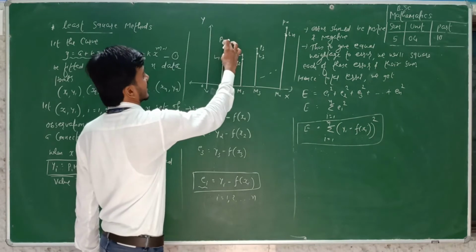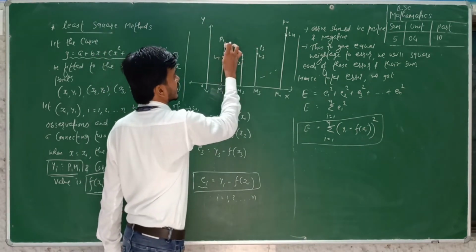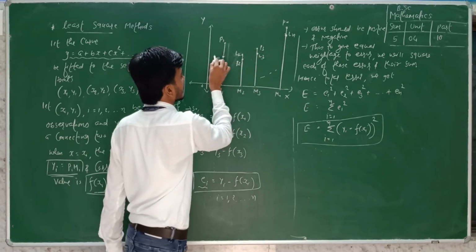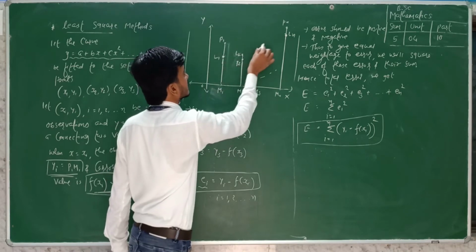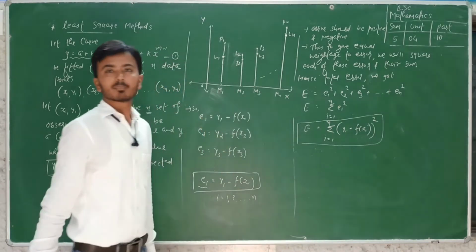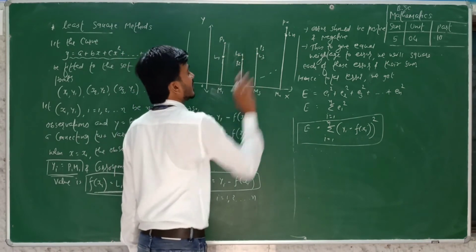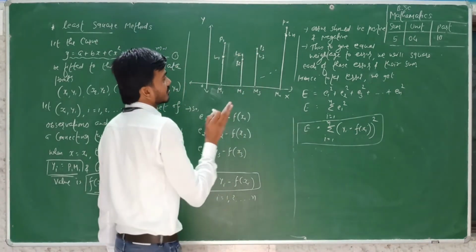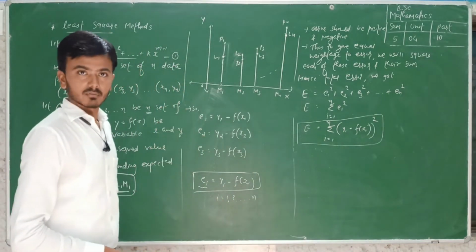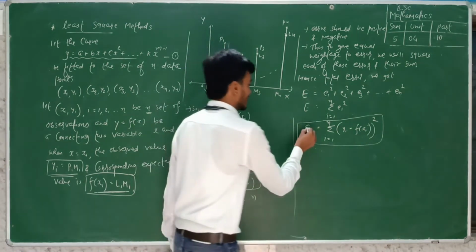Whenever these errors are negligible, then we get a smooth curve of the expected values, which is a best fit curve. So these errors should be a minimum or zero. Whenever the errors are zero, you can get a best fit curve. So E should be a minimum.